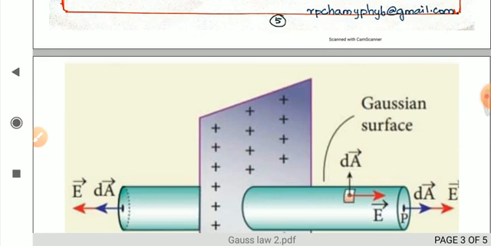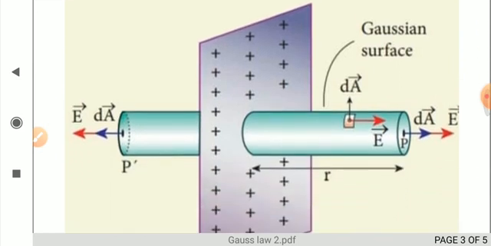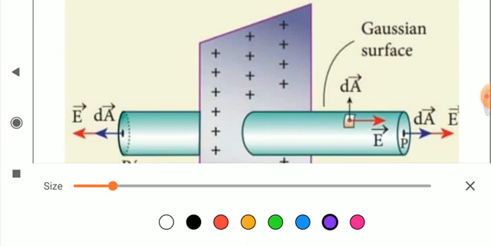Okay. Now, in this diagram, you can see clearly that to find out the electric field, we are taking two areas of cross section on either side. Then one more, we are taking the curved part of the cylinder.